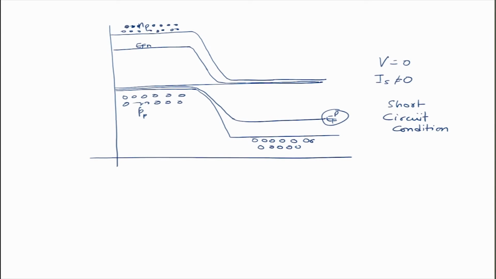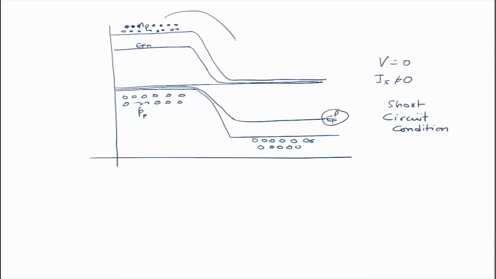Similarly, if there are a lot of holes on this side, despite having a diffusion gradient, despite having more holes on this side, there is a driving force because of the splitting of Fermi levels, which produces an inbuilt force for these holes to migrate from this side. So electrons will come this side, holes will go this side.